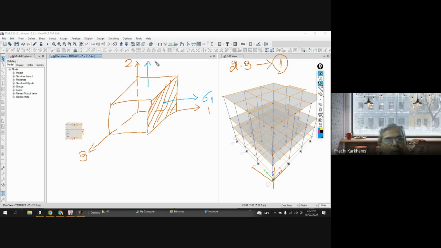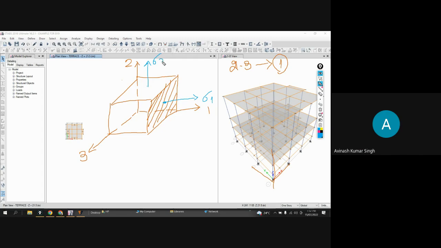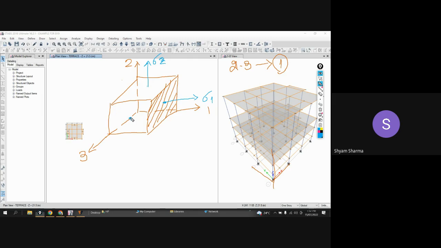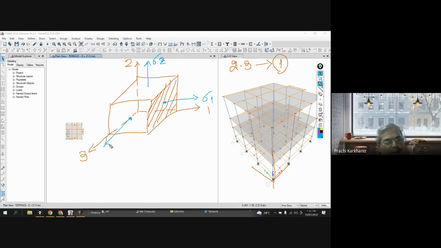So the normal force will be sigma 2. And this will be the 1-2 plane, so I will call this force sigma 3. And I'm writing it in the positive direction.